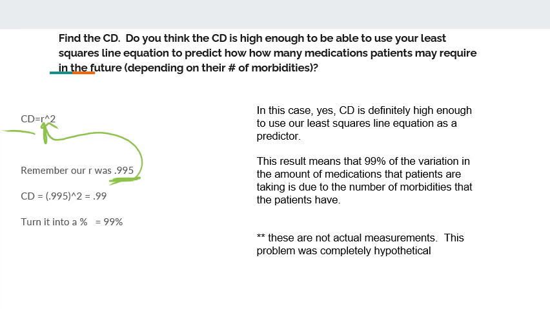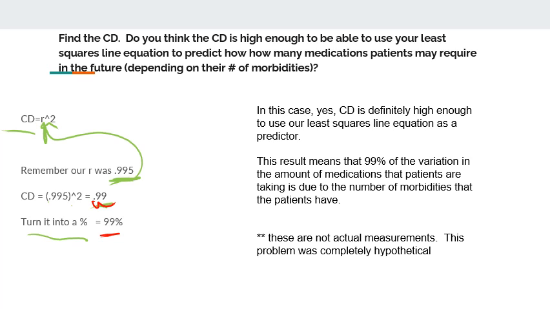So we square 0.995, and that gives us 0.99. Then of course we have to turn it into a percent. All you do to turn things into a percent is move the decimal over twice, or multiply it by 100, if you want to get technical. That will give us 99%.